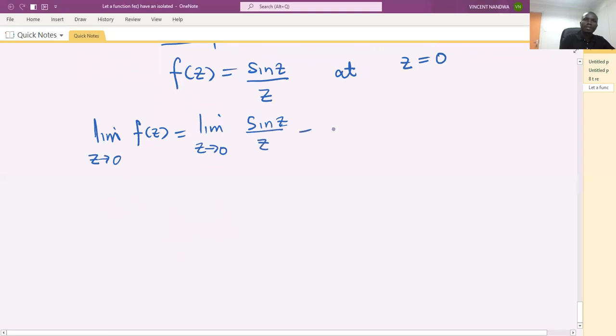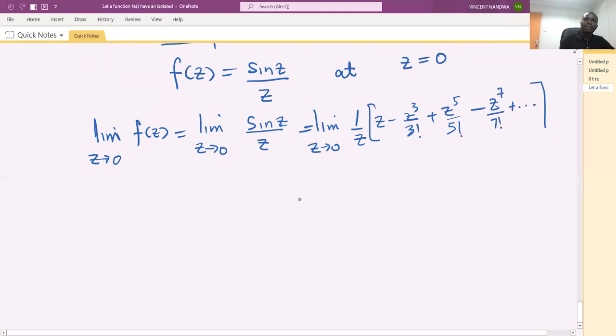Now you write sine z as z minus z cubed over 3 factorial plus z power 5 over 5 factorial minus z power 7 over 7 factorial plus other several terms.